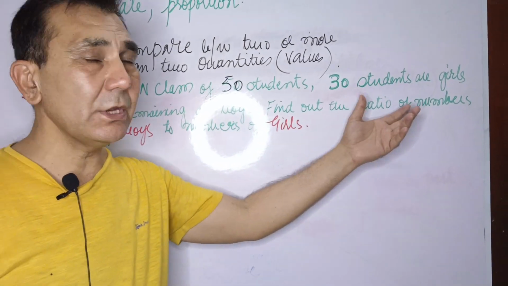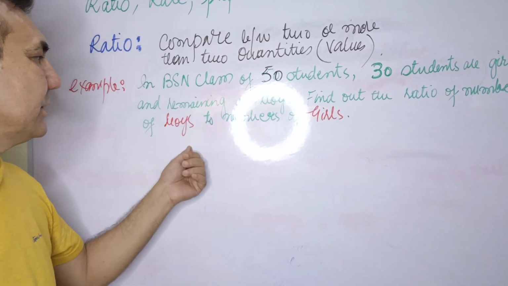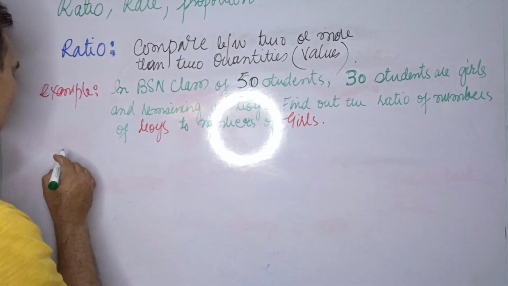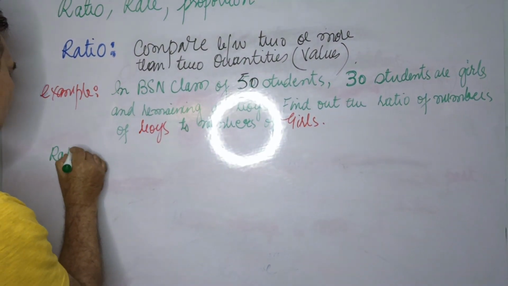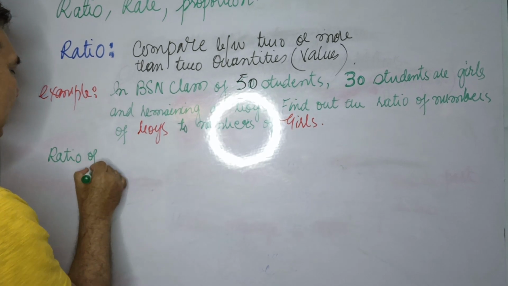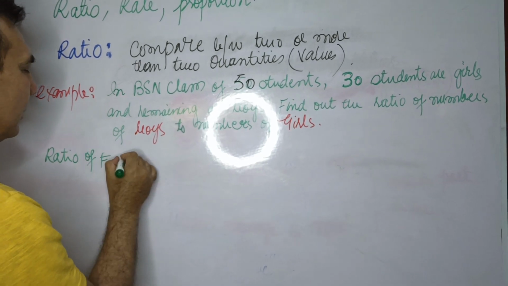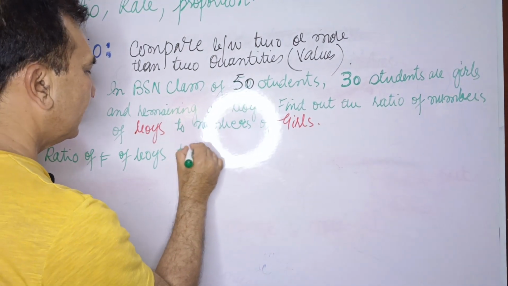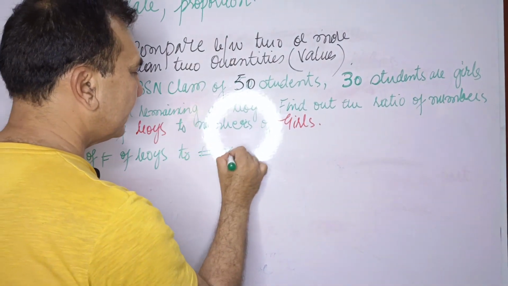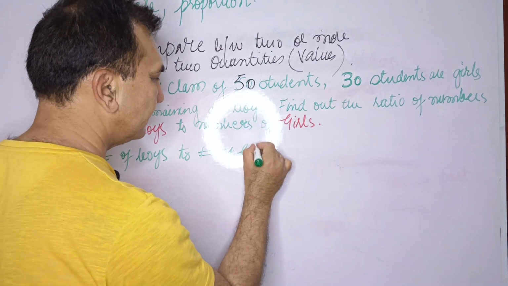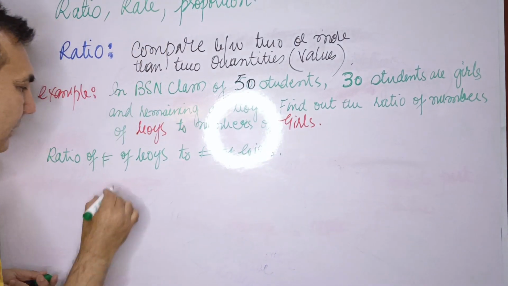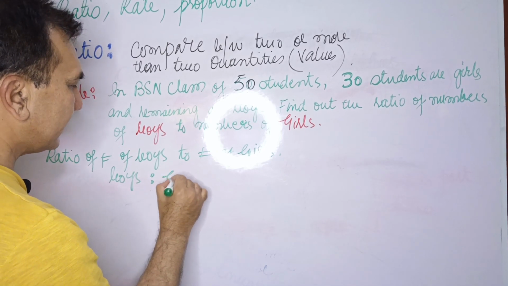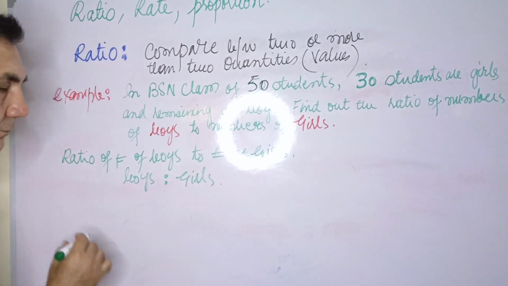So find out the ratio of the number of boys to the number of girls. Here he is asking the ratio of the number of boys to the number of girls, meaning boys to girls ratio.